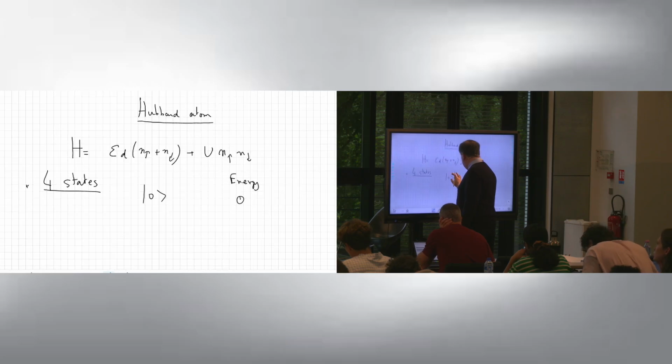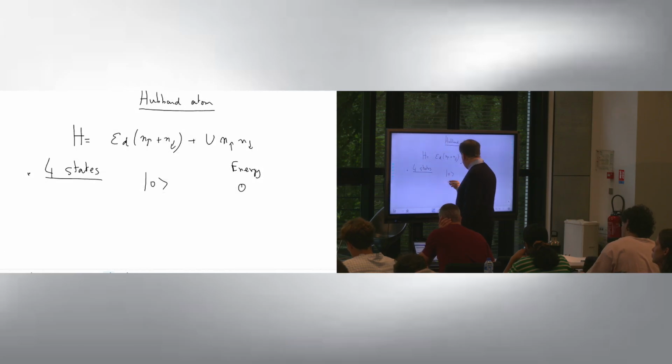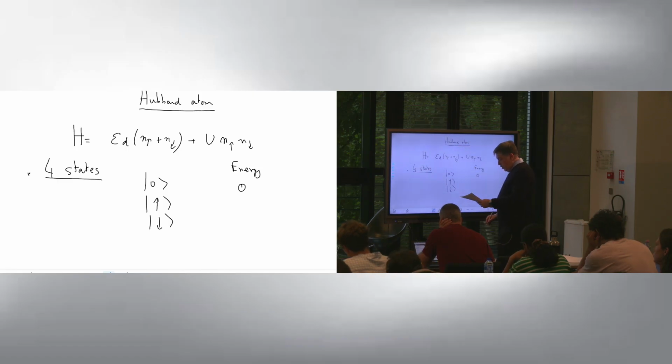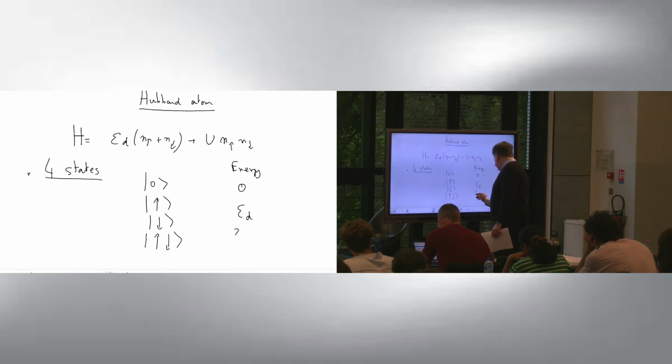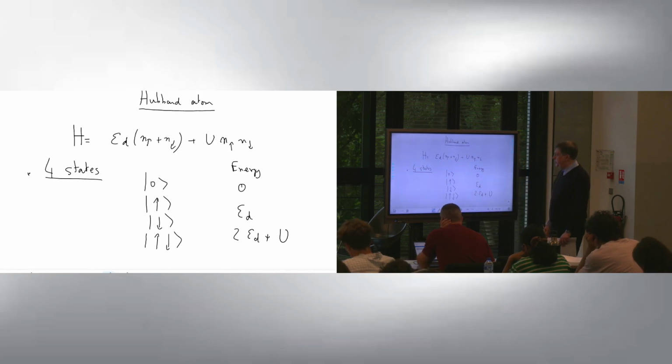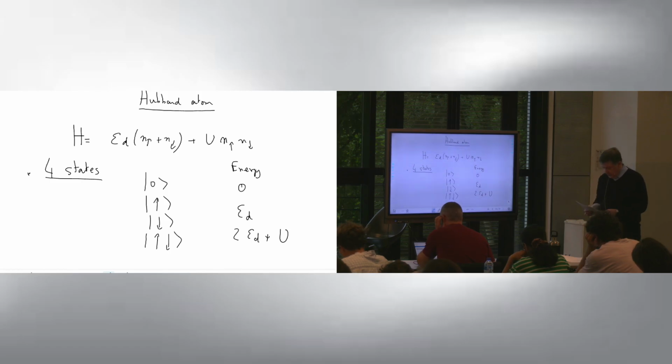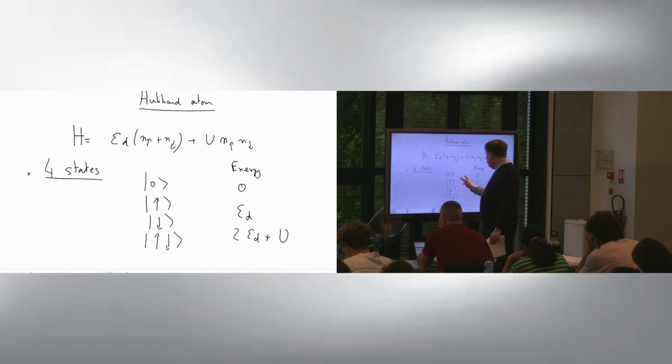You have the 2 states with 1 electron, with an energy epsilon_d, and you have the doubly occupied state with 2 electrons, with an energy 2 epsilon_d plus U. Okay? And therefore, you can compute all the transitions.